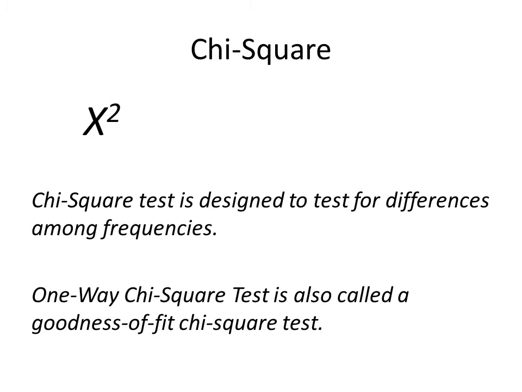So let's talk about chi-square and the appropriate test for the data. In example 1, candidate Smith and candidate Doe, it is chi-square. A chi-square test is designed to test for differences among frequencies.